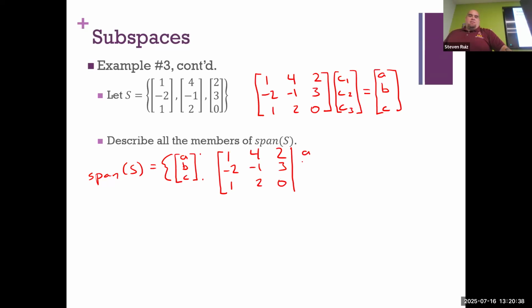Except what's on the right of this is going to be A, B, and C. And hopefully I'll be able to simplify these three parameters into maybe just one or two. All right, so how do we reduce?